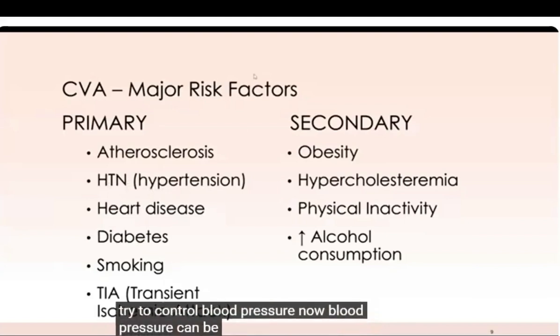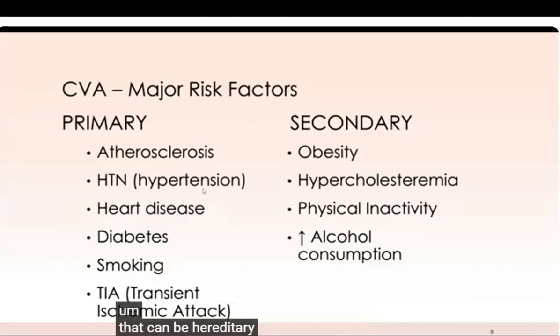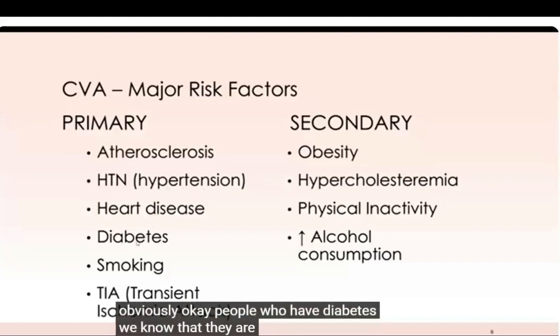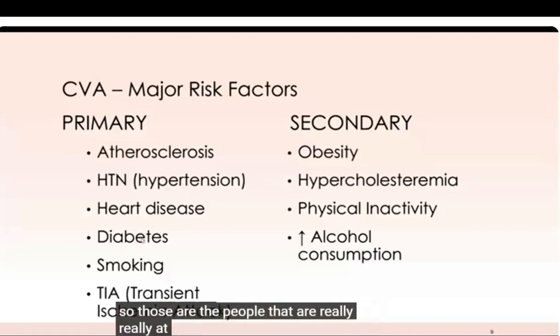Now, blood pressure can be hereditary, but very much we can try to control our blood pressure in a lot of different ways. Diet specifically, activity, obviously. Okay. People who have diabetes, we know that they are more susceptible to heart conditions because of that hardening, right? So those are the people that are really at high risk for hemorrhagic strokes.